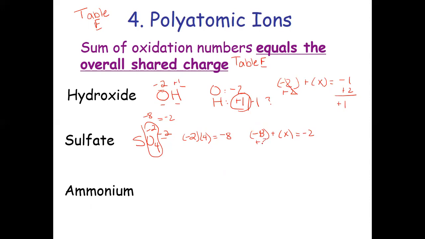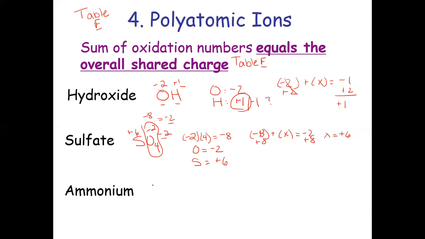Let's add 8 and add 8. And then that's going to be a +6. So then my oxygen is -2 and my sulfur is +6. Does that make sense? If I put a +6 on top of this sulfur, a +6 plus 4 -2s, that's -8. So a -8 and a +6 equals a -2.